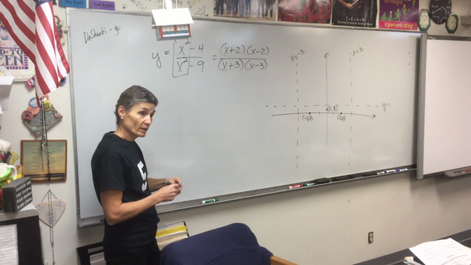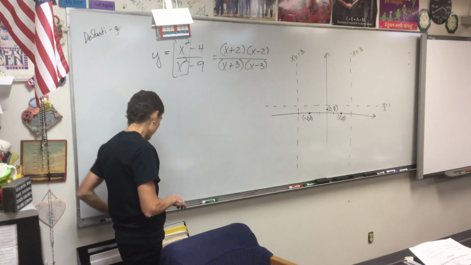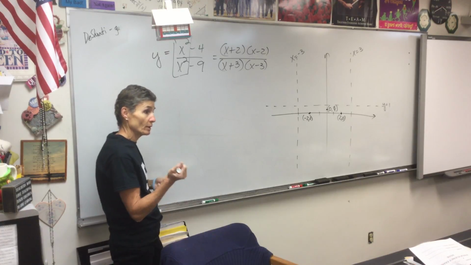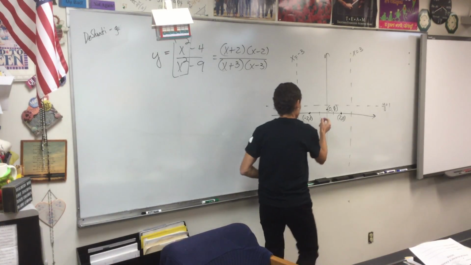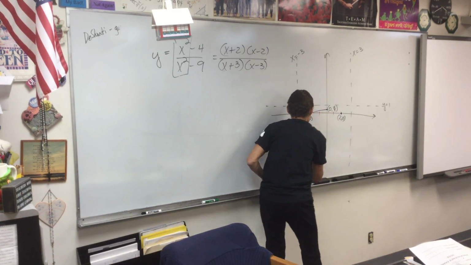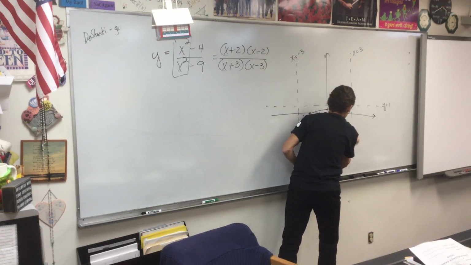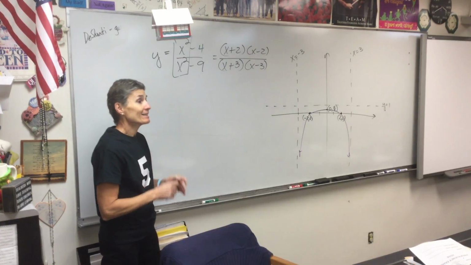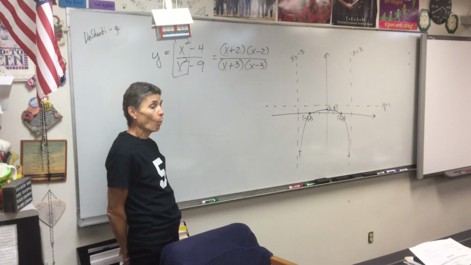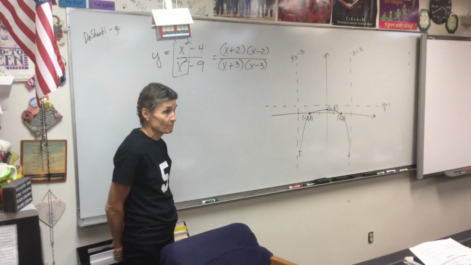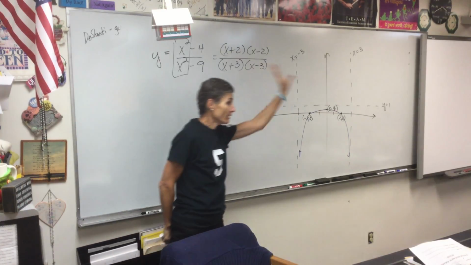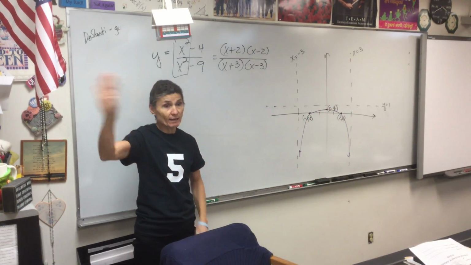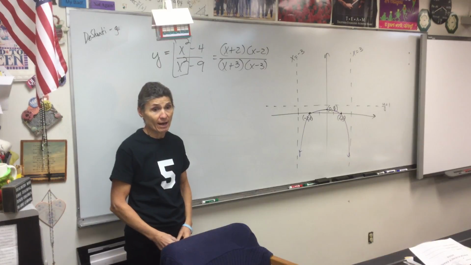Any thoughts on what it looks like? Because now you need to draw something in. Any thoughts on what it looks like? I have a parabola-like shape here. I agree with you. Got some kind of parabola-like shape right there. But that is only, believe it or not, 1/3 of the picture. There's a chunk of it on that side and there's a chunk of it on this side that you don't have graphed.